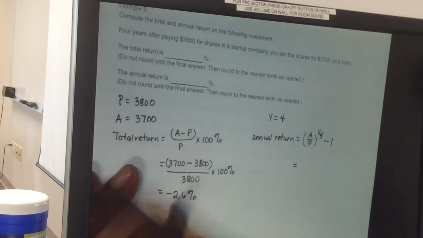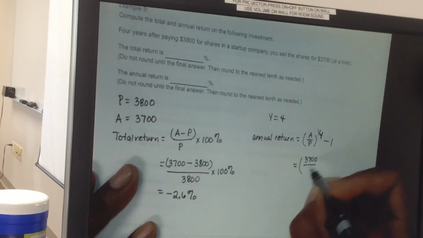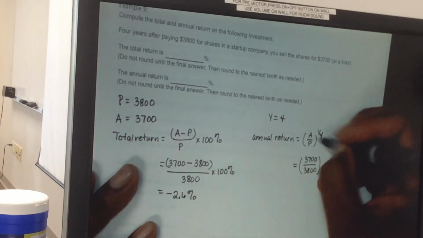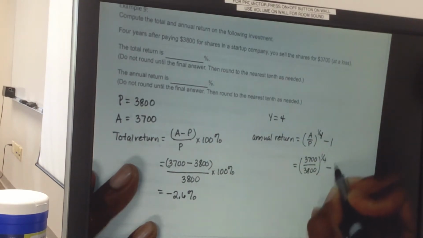So your A is 3,700 and P was 3,800. That's raised to the 1 over y, so it'll be 1 over 4, minus 1.